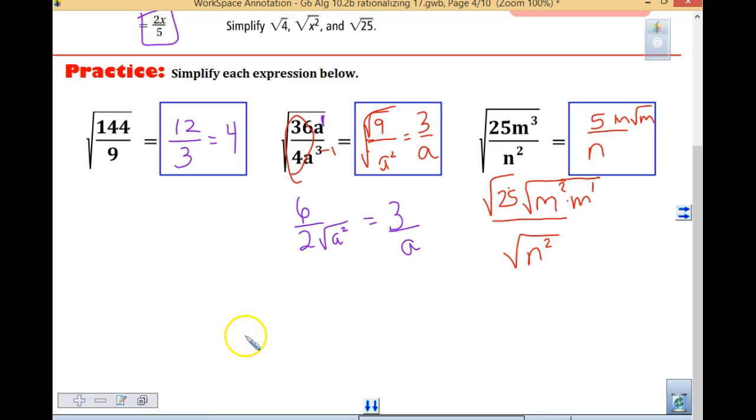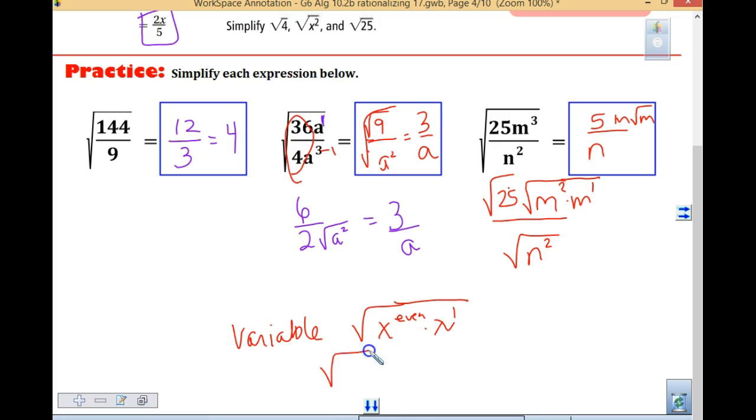With the variables, anytime you have a variable and you're taking the square root, you want to break it down to whatever that x number is to an even power times x to the 1. So if you start with the square root of an odd power, you want to go to an even and 1. And remember that these two have to add to give you that number.